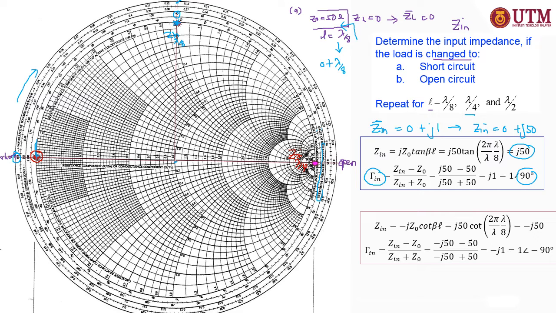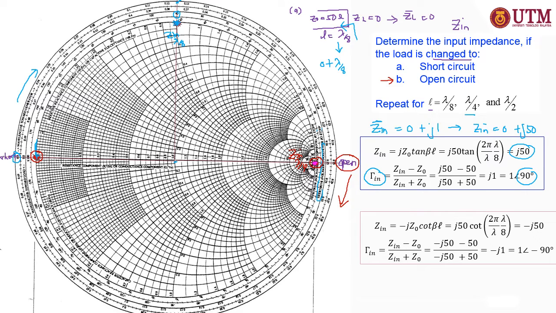Okay, and repeat again for the open circuit. So the open circuit is supposed to be somewhere there. So in this case, the Z load equals infinity. Okay, so the open circuit position is at this point. And to determine the Z-in, still you need to look towards the generator.